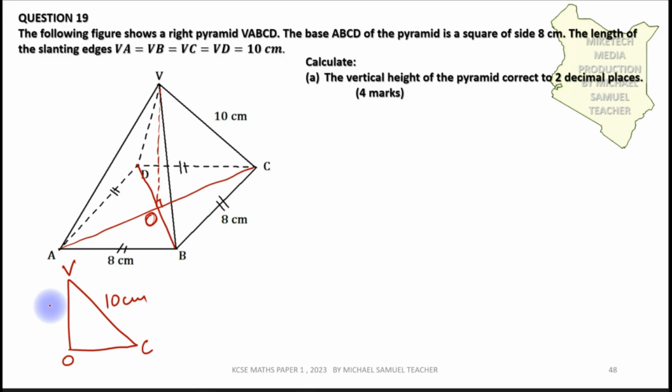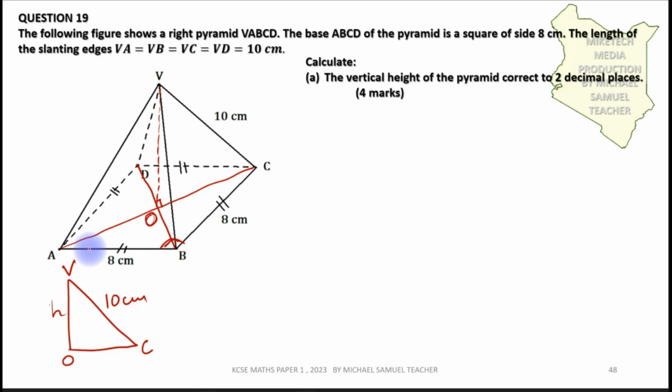Then we need to find the vertical height, and OC will be half of AC. To get AC, at B the angle is 90, so we can use Pythagoras theorem.